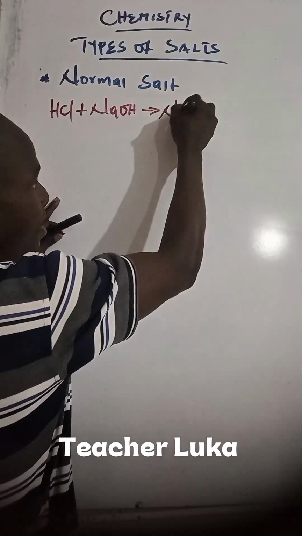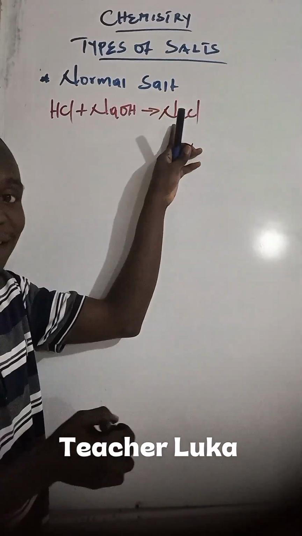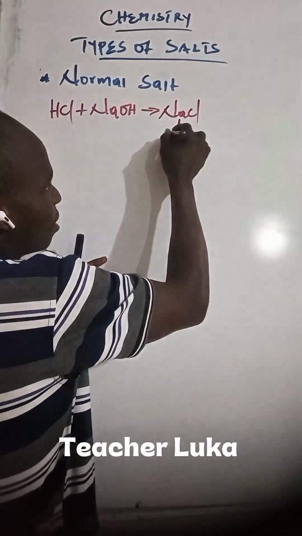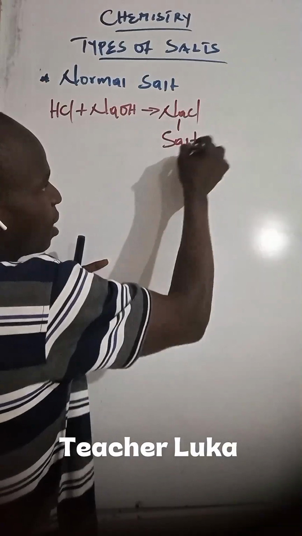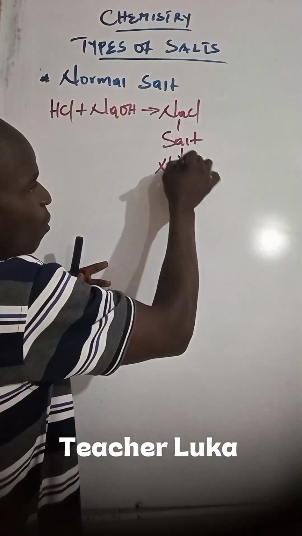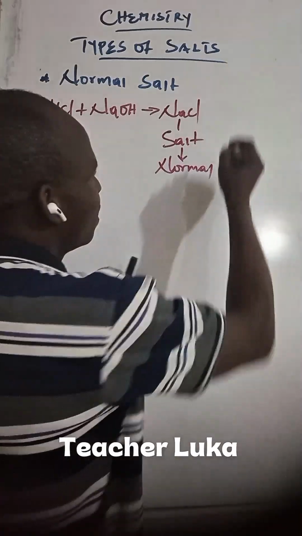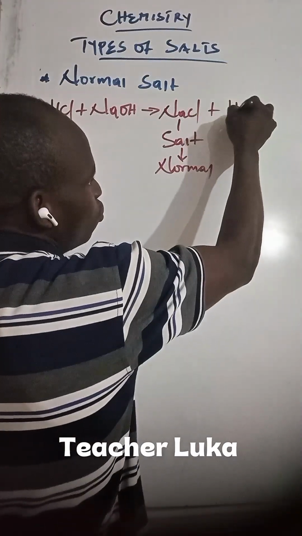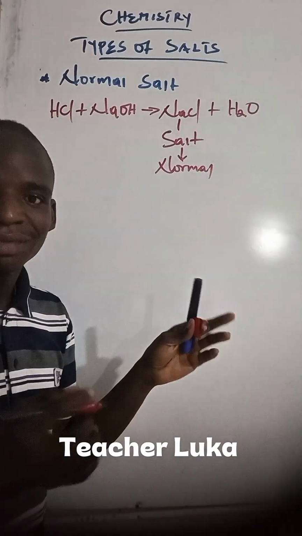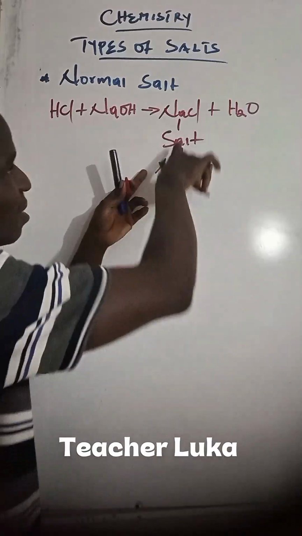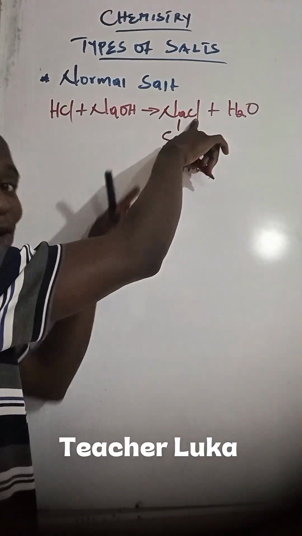So we'll have NaCl. Now this is our salt, and this is simply a normal salt. Do you understand? Then plus H2O. As simple as that. So this is a normal salt, sodium chloride.